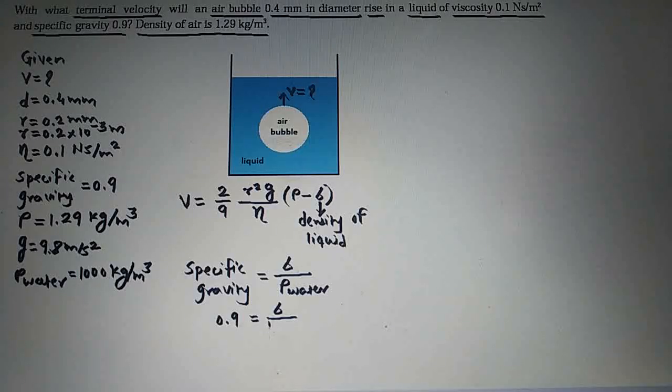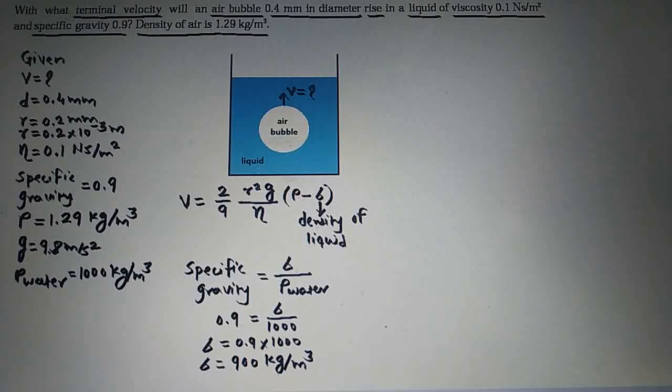So if we put here 1000, then we can write sigma, that is density of liquid, is equal to 0.9 into 1000. So the density of liquid sigma should be equal to 900 kilogram per meter cube. So this is the density of liquid.